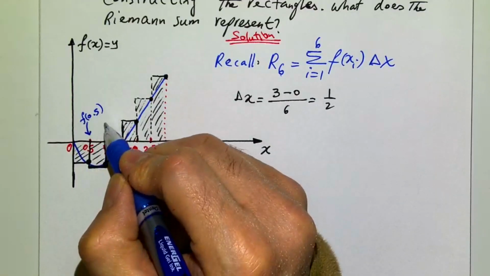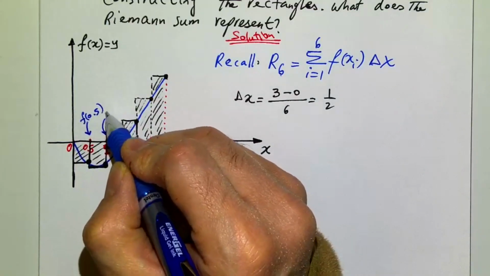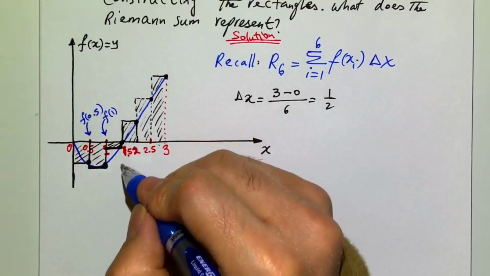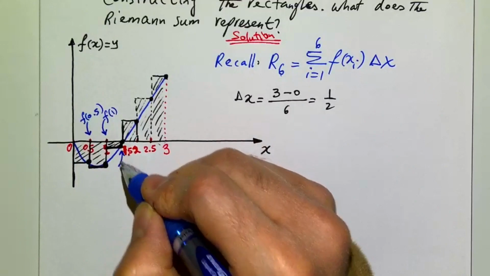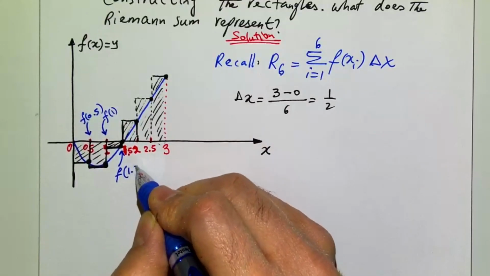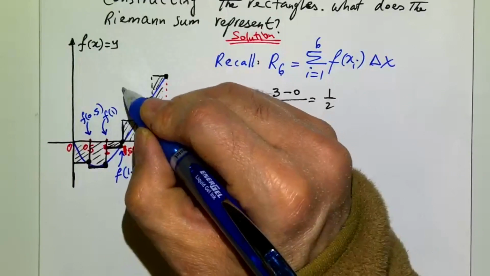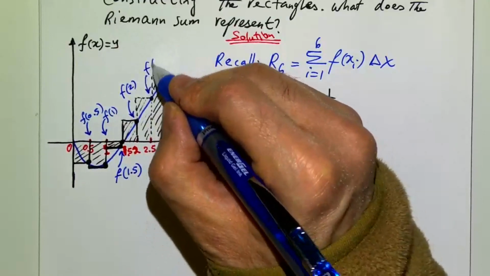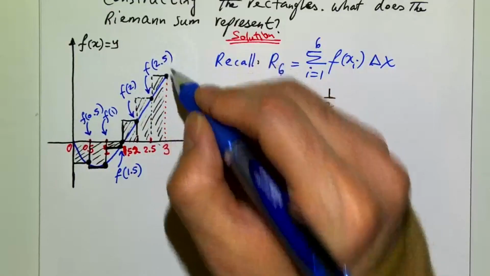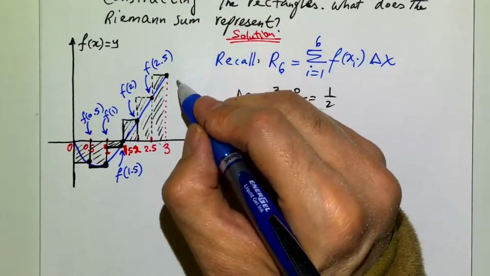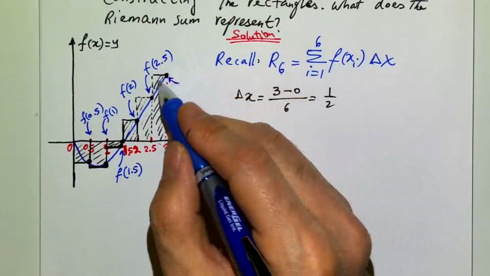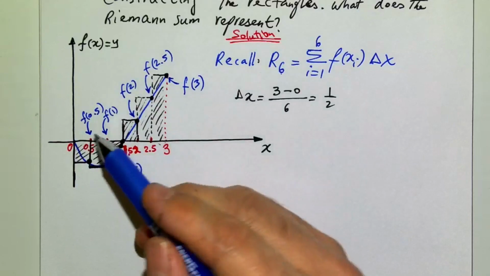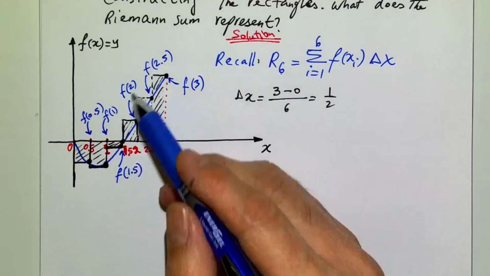Right? At that point, it'll be f at 1. Those are the right endpoints for each rectangle. Here, it would be f at 1.5. Here, it would be f at 2, f at 2.5, right? And f at 3, of course. That's the right endpoint of this rectangle. Right? So 1, 2, 3, 4, 5, 6.